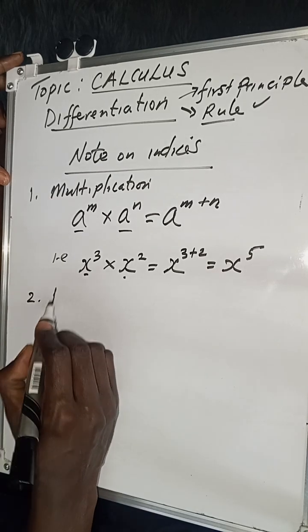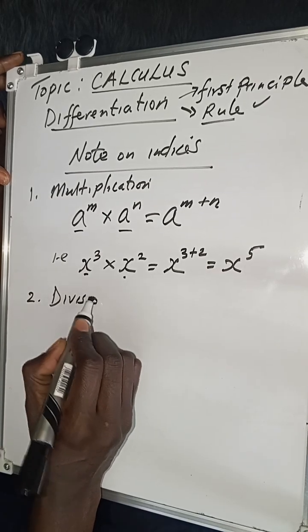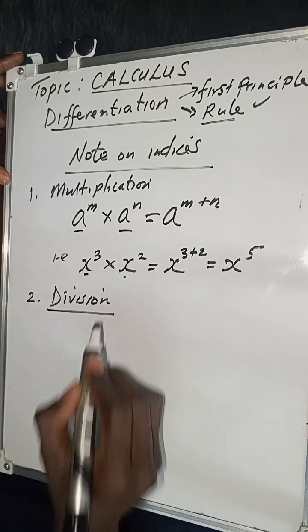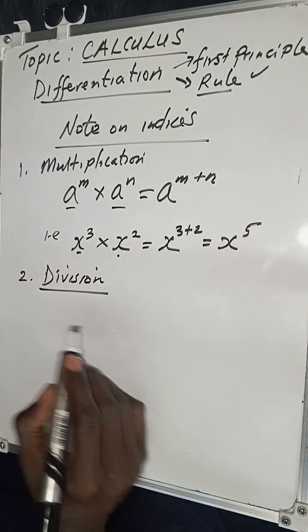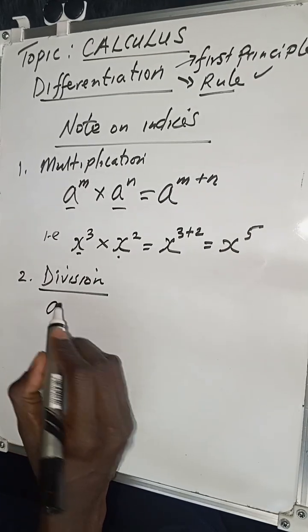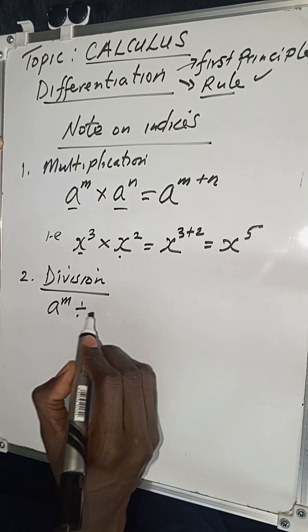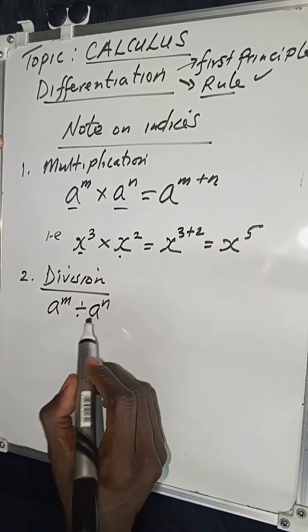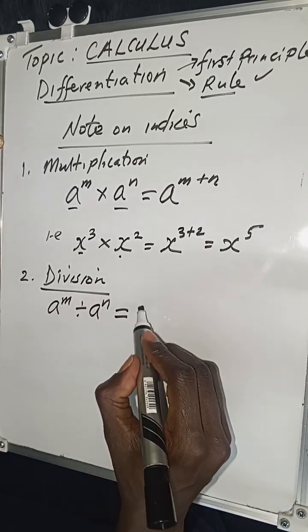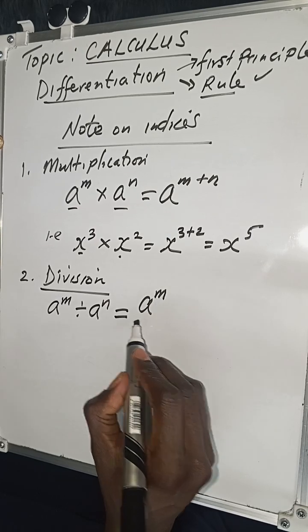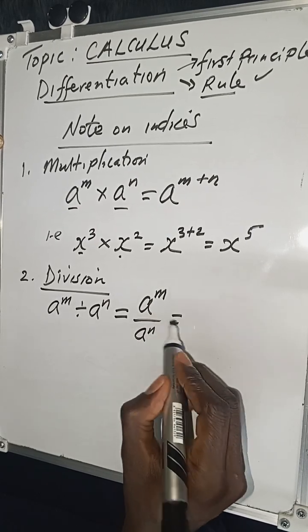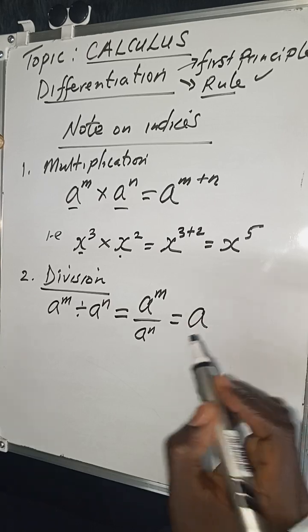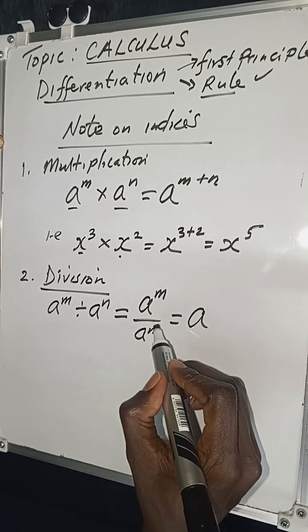The second one that you need to remember is the law of division according to the laws of indices. If you have a raised to the power m divided by a raised to the power n, this can also be written as a raised to the power m over a raised to the power n. So you simply get the base, then what do you do to the powers?